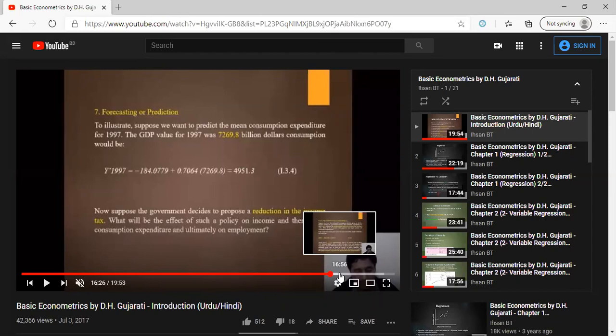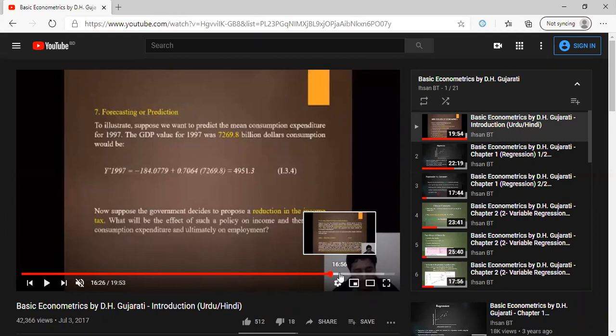First thing, the intercept is saying if x equals 0, if income is 0, what is the consumption? Minus 184.077. Minus 184. What does it mean? Basically, it means nothing in that example. Can consumption be negative?